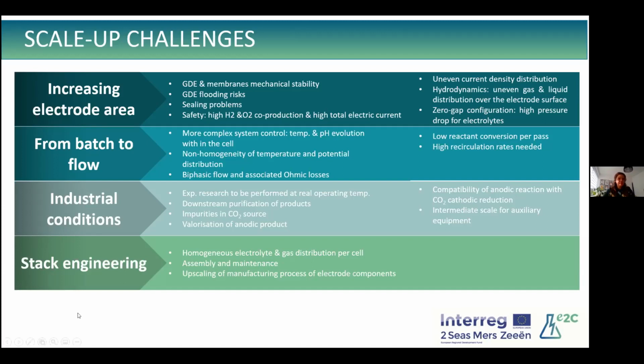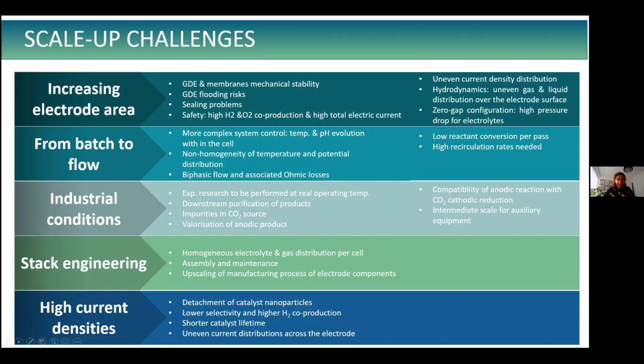And yes, finally, there are also some challenges associated with increasing the current density during the reaction. So if we want to increase the productivity, the current density has to increase as well. But this comes with a price. Perhaps we lower the selectivity. If we increase the current density, we lower the selectivity, and therefore there is higher side product formation.